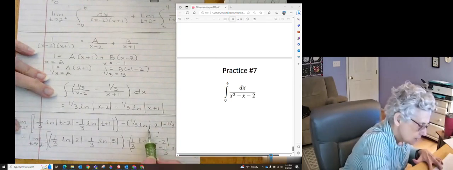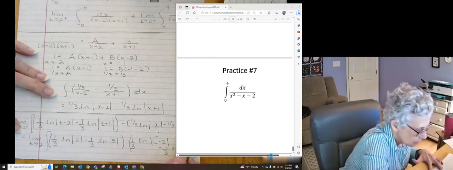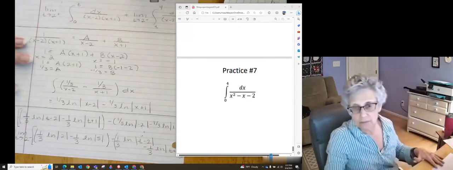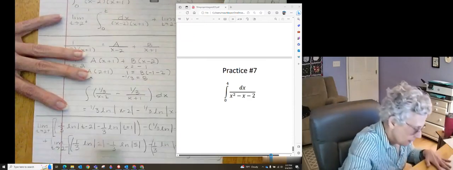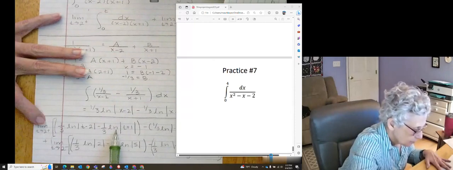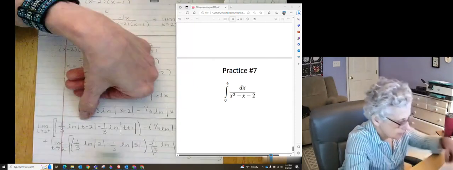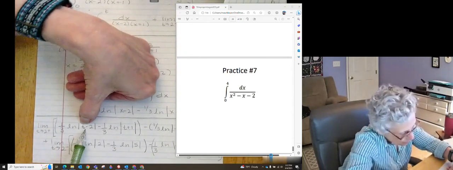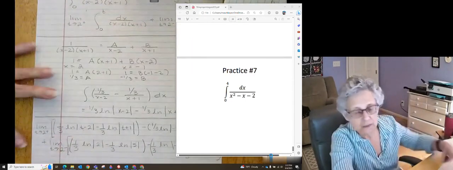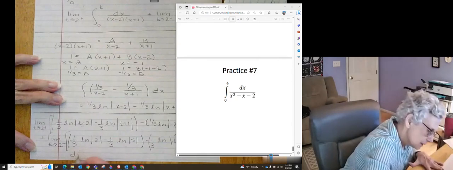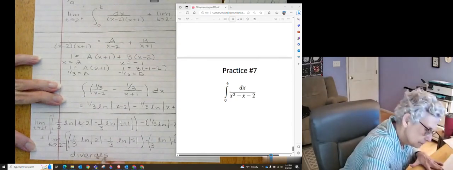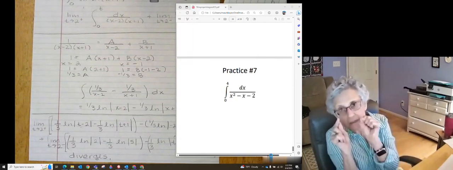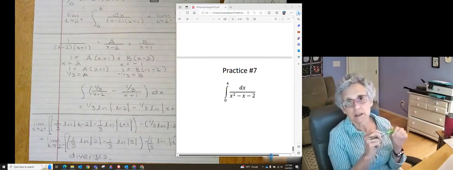So these pieces are okay because I have the natural log of 2, natural log of 1 is 0, natural log of 2, natural log of 5. Those are all good. I could plug this in and I would have 1/3 natural log of 2 plus 1, but as t approaches 2, I'm trying to take the natural log of 0, so this thing diverges. Because as soon as one little piece of it diverges, the whole darn thing diverges.